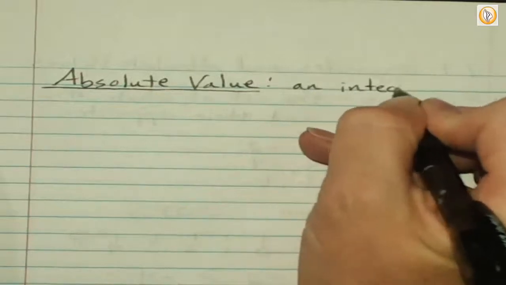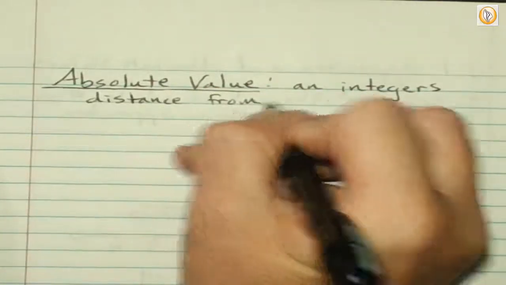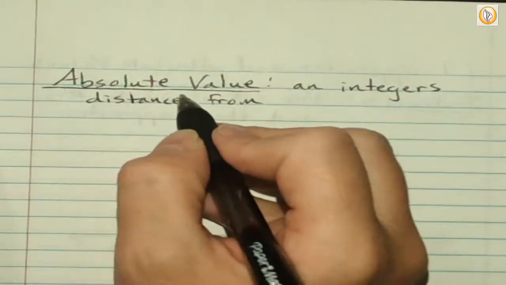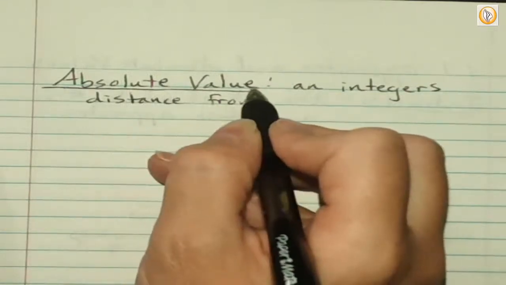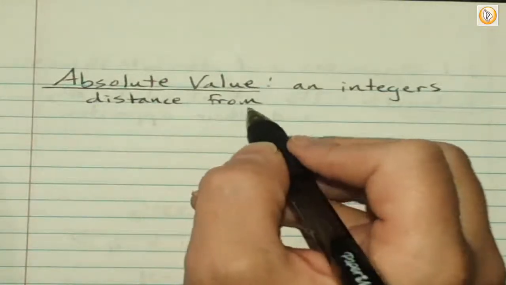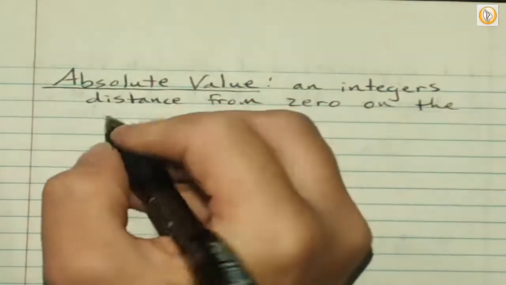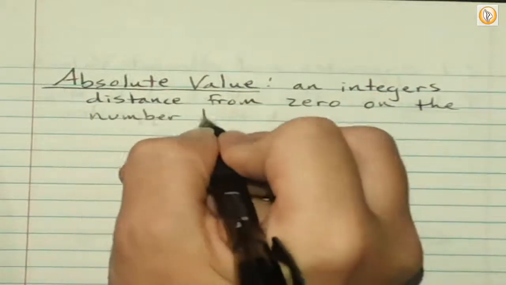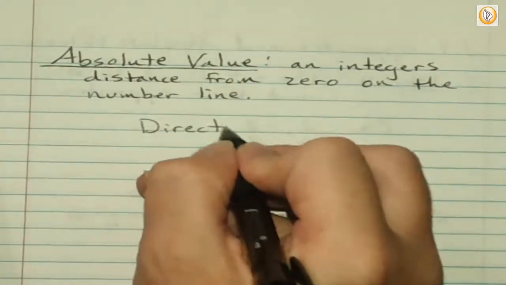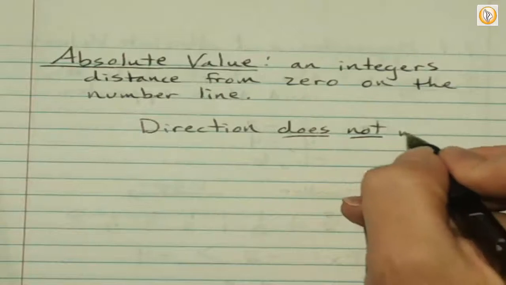Absolute value and integers: distance from 0 on the number line. Direction does not matter. I'll explain that. Is it an A or an O? That's an A. My handwriting's not the best, you'll get used to it.